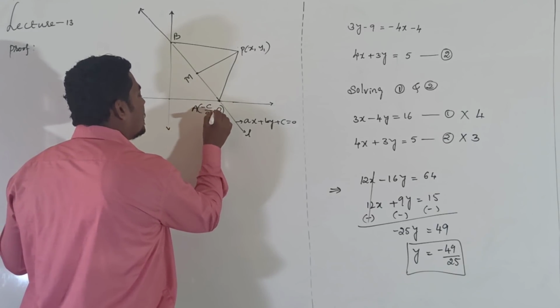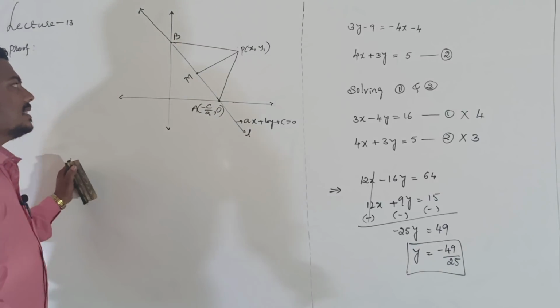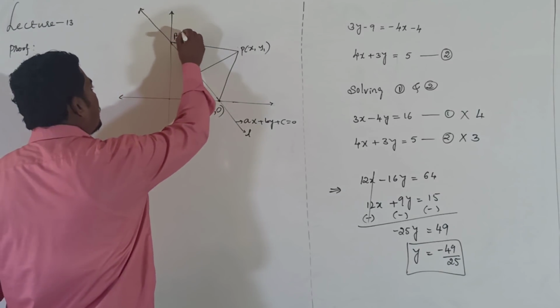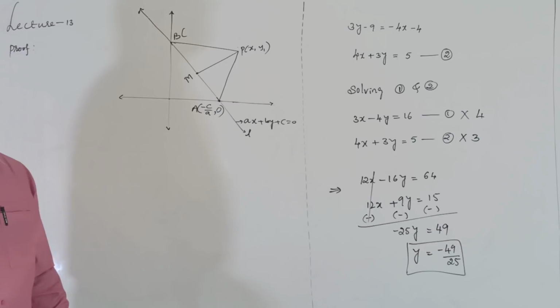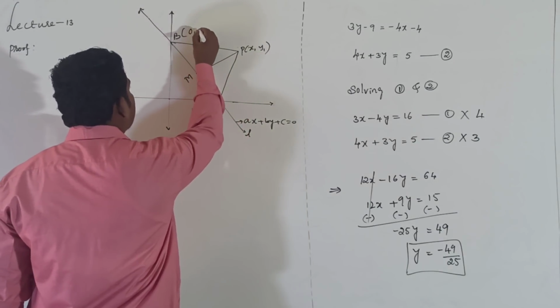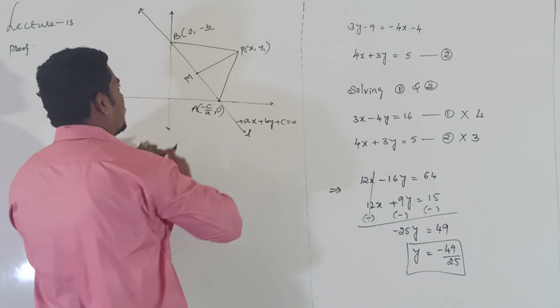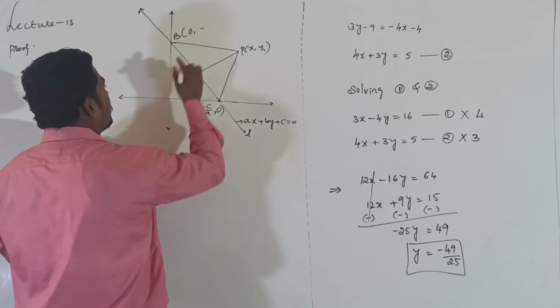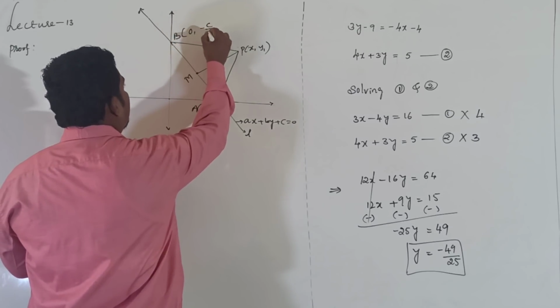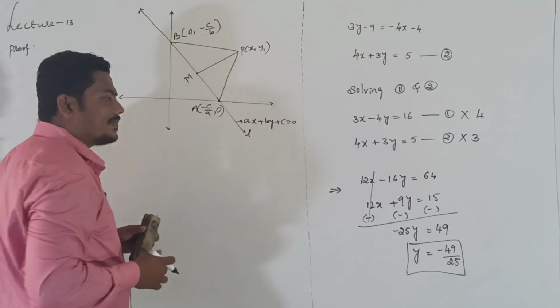These are the coordinates, because the x-intercept of this line is nothing but point A. Similarly point B is nothing but the y-intercept of the line, right? What is the y-intercept of this line? That is 0 comma minus c divided by b. This is the y-intercept, right?